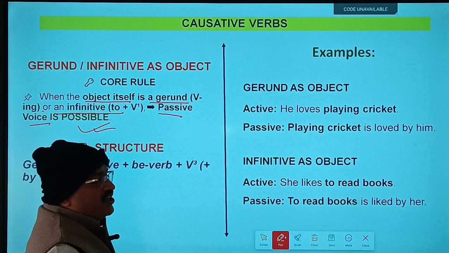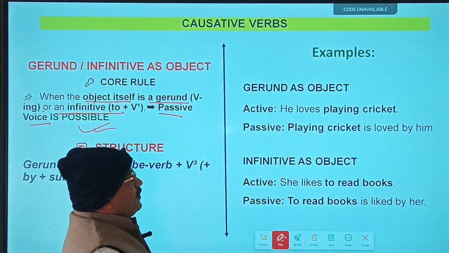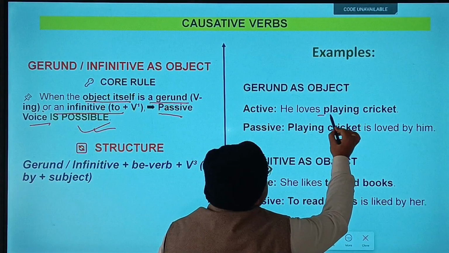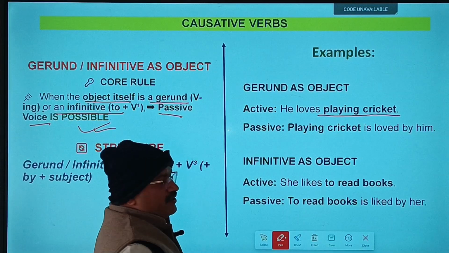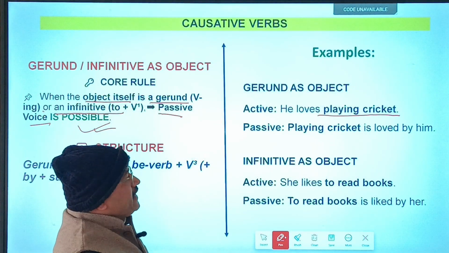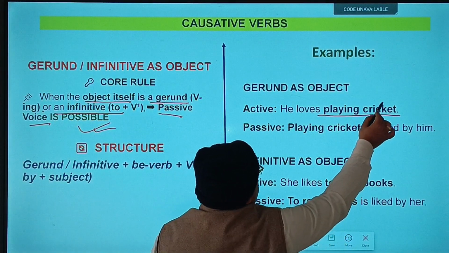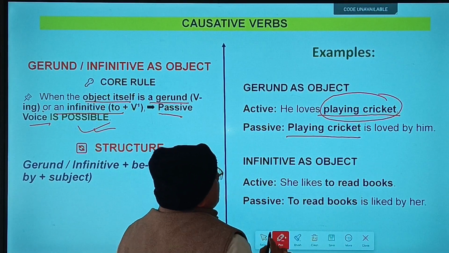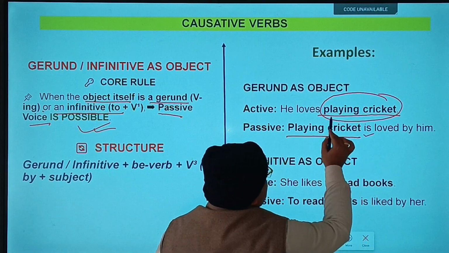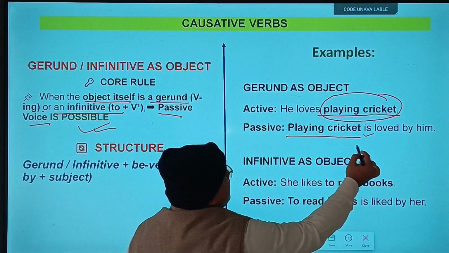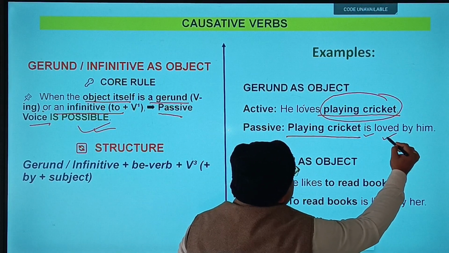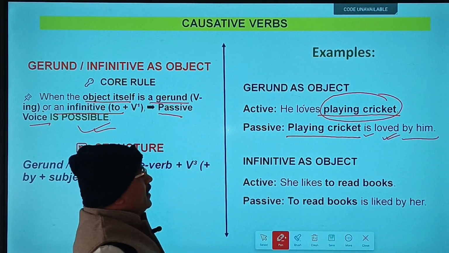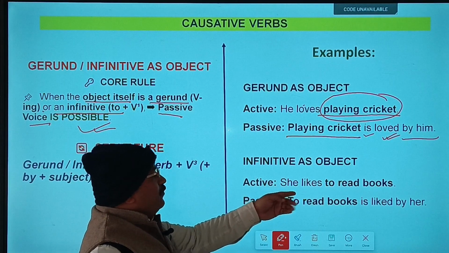Yes, we can change that sentence into passive voice. Let us see. He loves playing cricket. Gerund. He loves playing cricket. So playing cricket will be taken as the object. Playing cricket is what? Why? Because simple present, is loved, V3, by him.